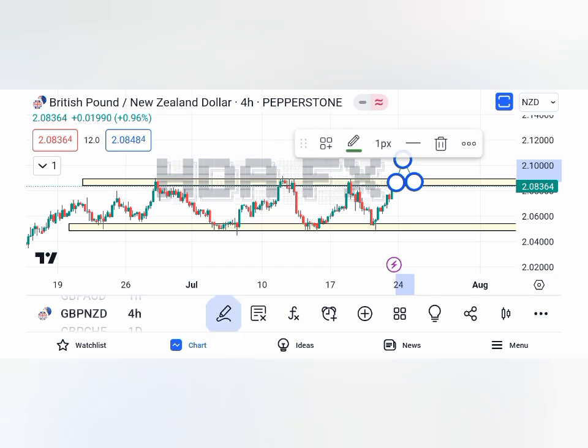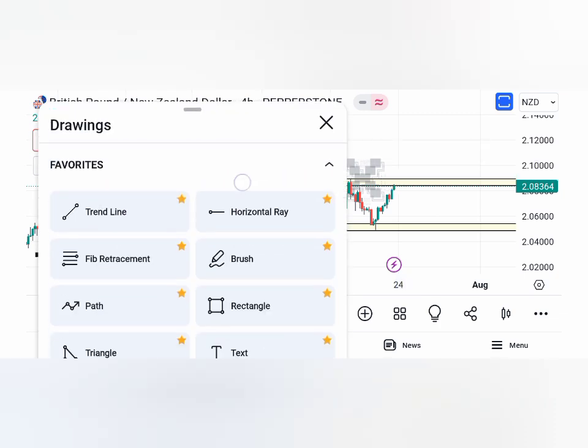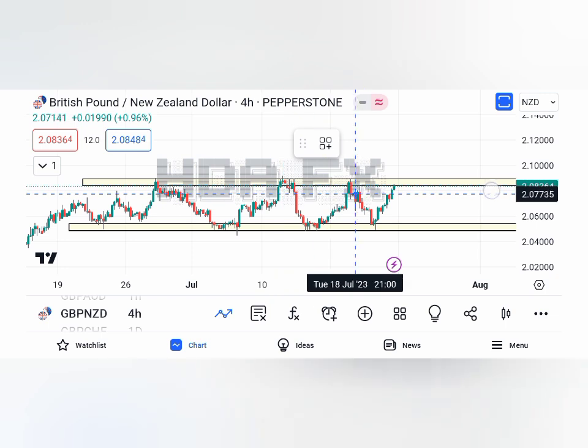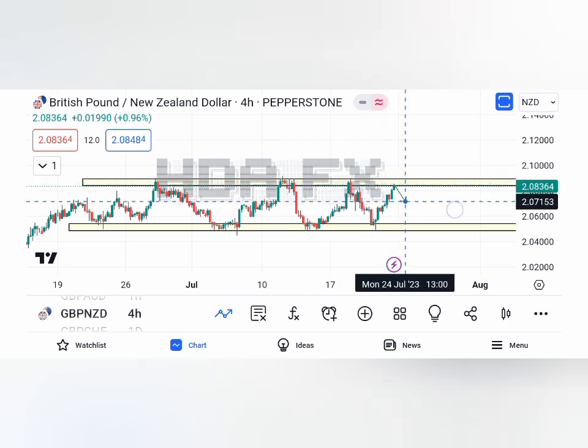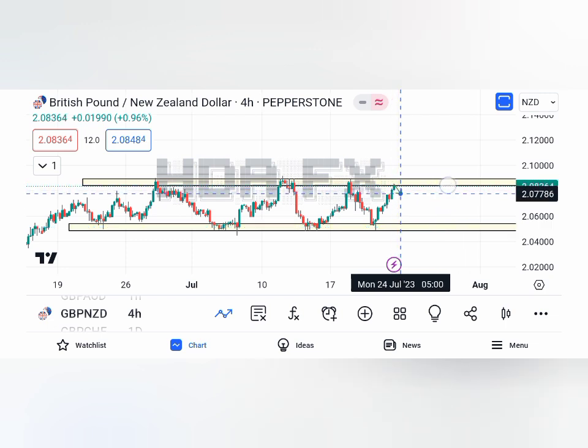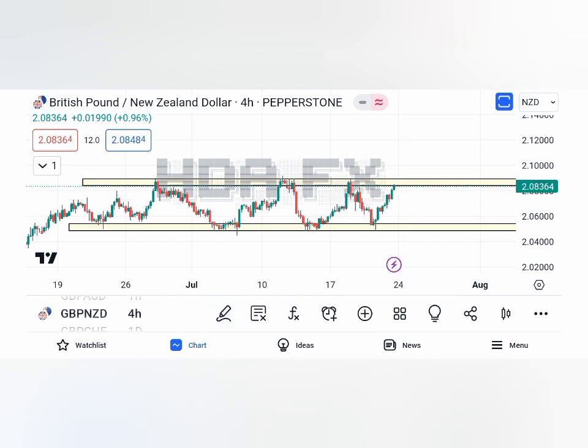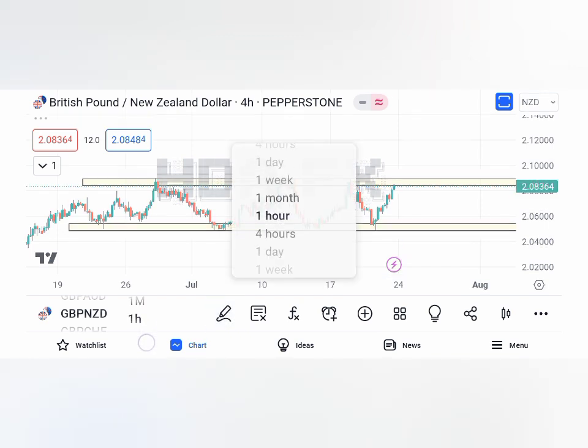And it's also likely that price can drop from this zone here, then drop to this point here. So we need to study price action here carefully. But let's move to the 1-hour time frame and see whether we have something beautiful there also.